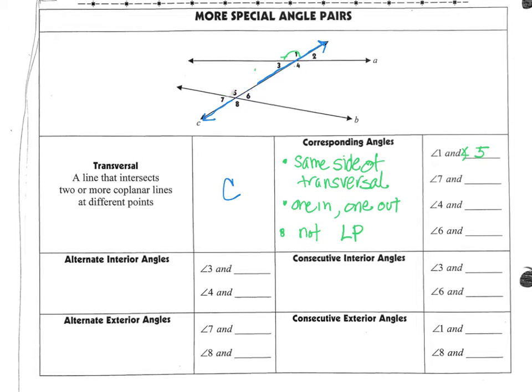Okay, if we look next at angle 7, which is here, and we're trying to identify its corresponding angle, that would be angle 3. So angle 7 and angle 3 would be corresponding angles.